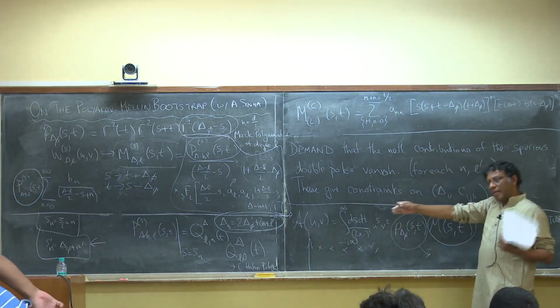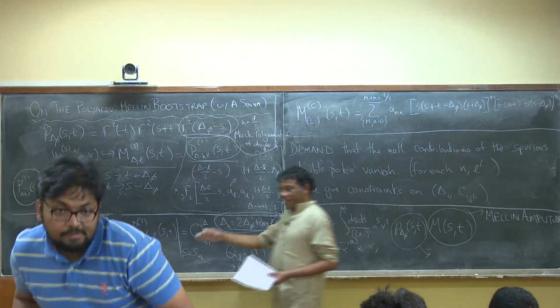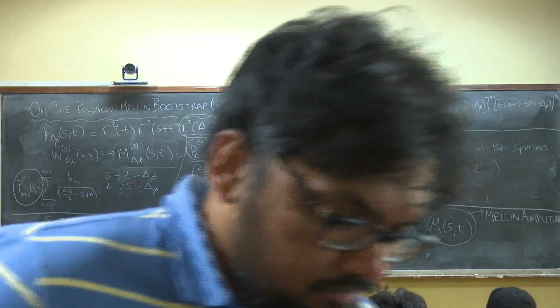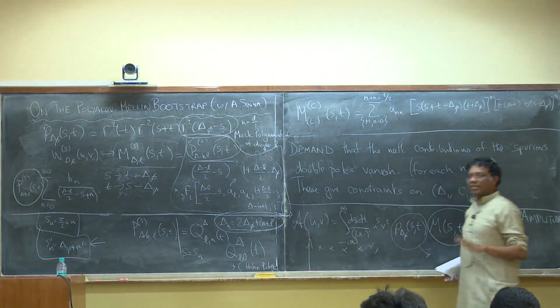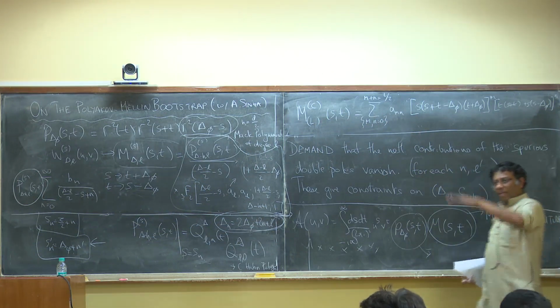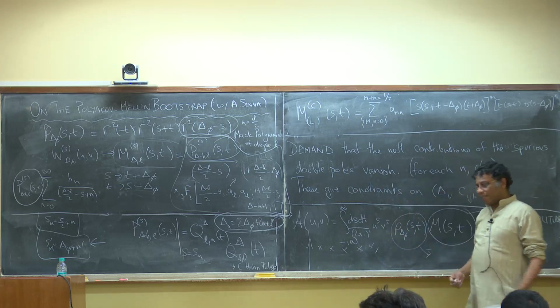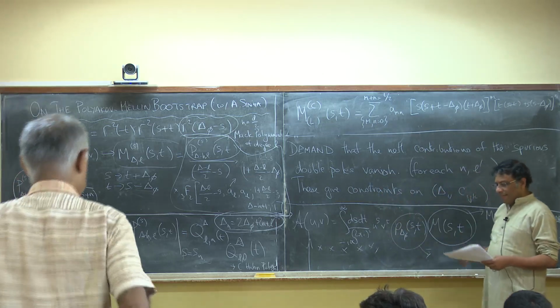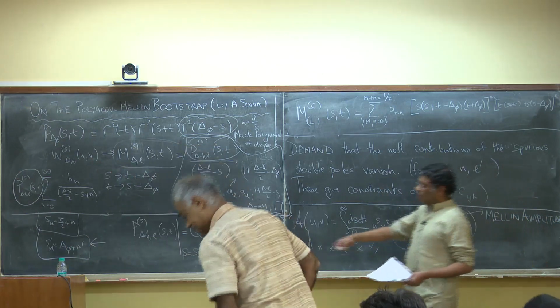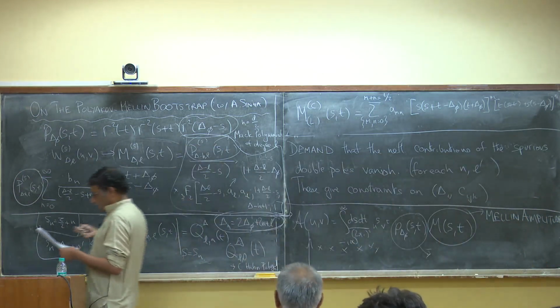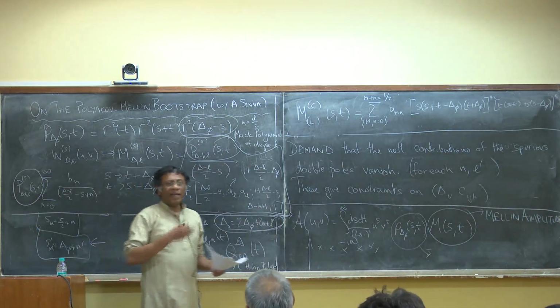Suppose the maximal spin exchange is L in the S channel. Then there are a finite number of contact terms I can write down with that maximum spin L, and that finite number is very easy to parameterize in Mellin space because for the crossing symmetric quantities, I have to write just polynomials.